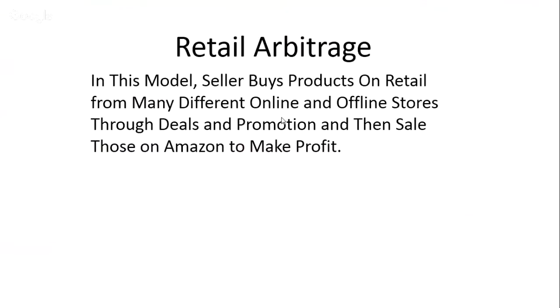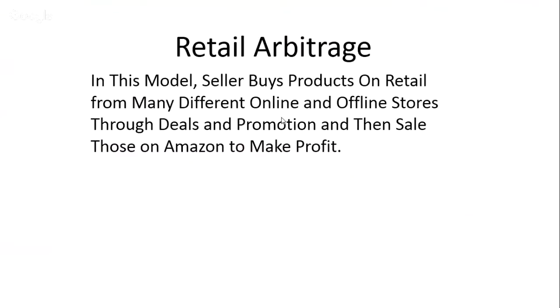There are many other online stores where you can try to find if there are any deals. This is altogether a different model again. If you have to work on it, then you have to learn that also. Wholesale is a different model. Retail arbitrage is a different model.